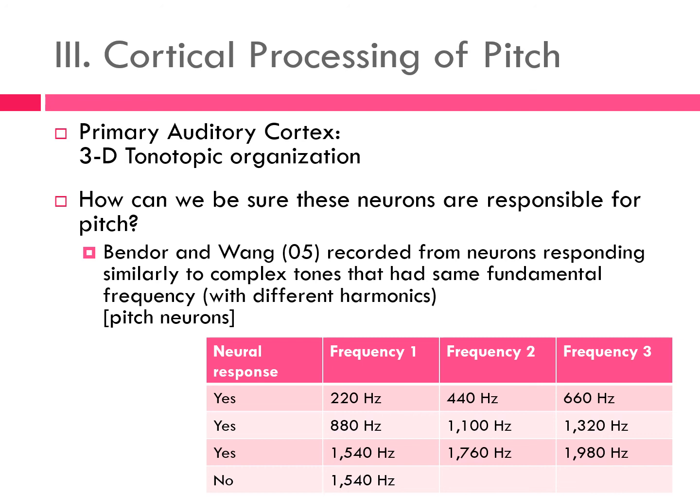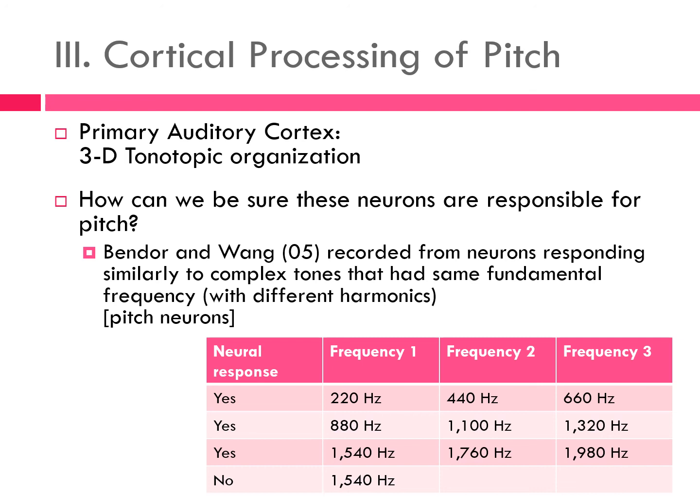We're in the auditory cortex, it responds to pure tones. It also responds when I have 220, 440, and 660 hertz. Remember, with those harmonics, we're going to still hear that as a 220 hertz tone. That pitch neuron is going to respond.